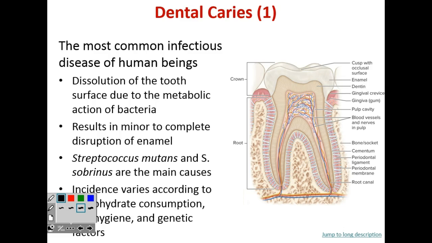Now on the final, if you see a true false that says the two main organisms involved in tooth decay are Streptococcus mutans and Staphylococcus sobrinus, it's false. Let's look at it again.